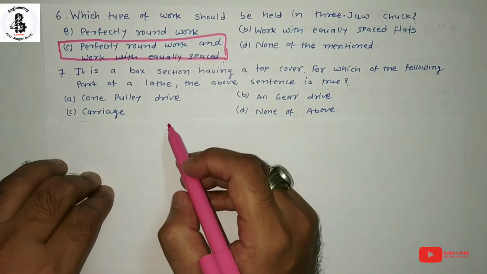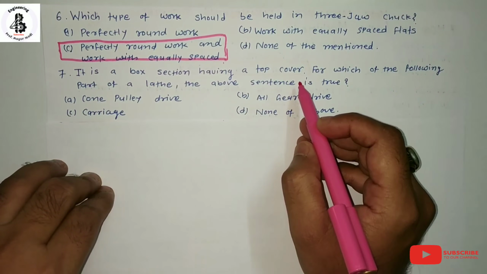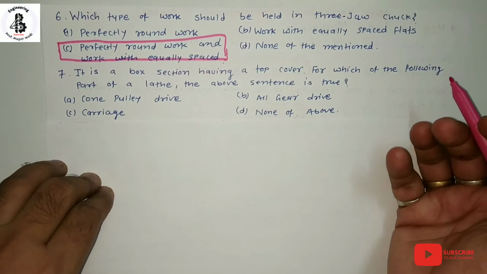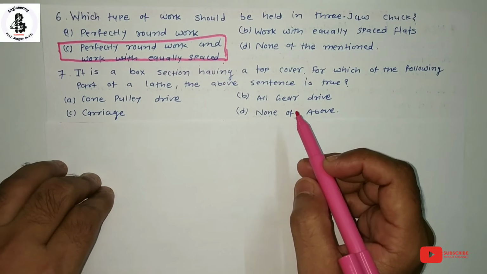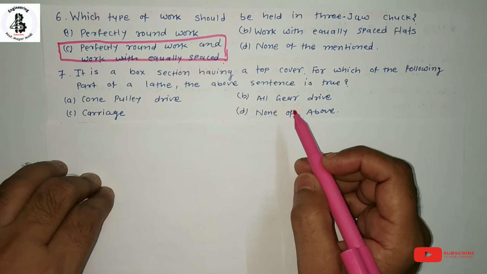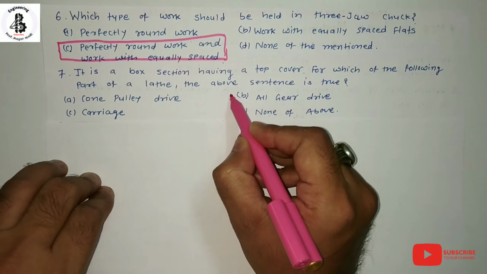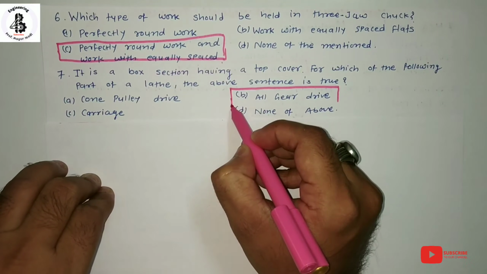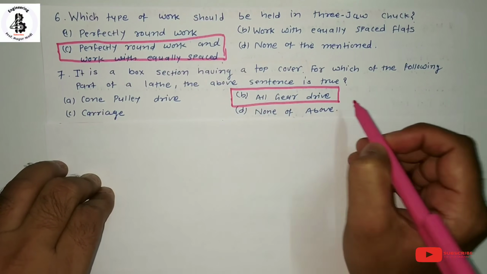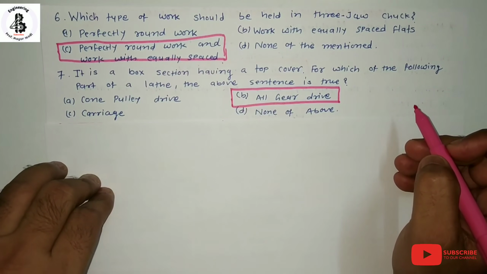Basically, the all gear drive has a box section with a top cover. So here the option is B, all gear drive.